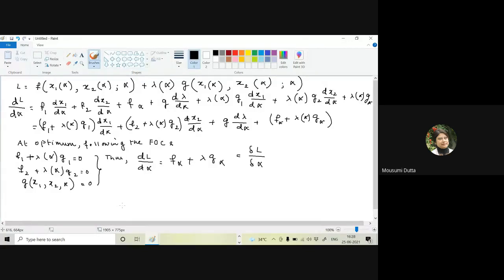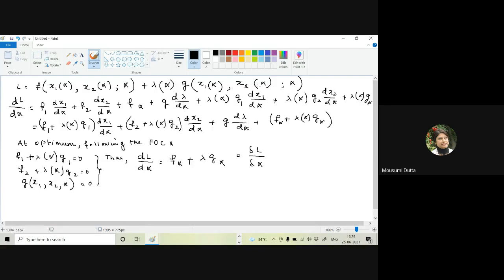L is equal to f of x1, x2, alpha. So all x1 and x2 are functions of alpha. Then there is lambda into the constraint. Lambda, which is also a function of alpha, into g as a function of x1, x2, alpha.